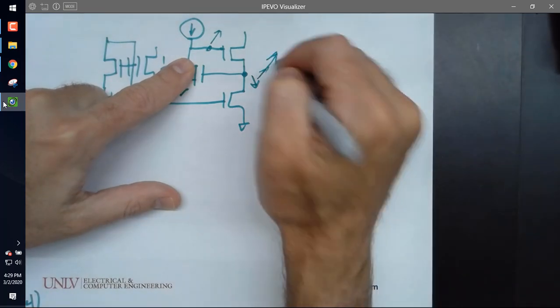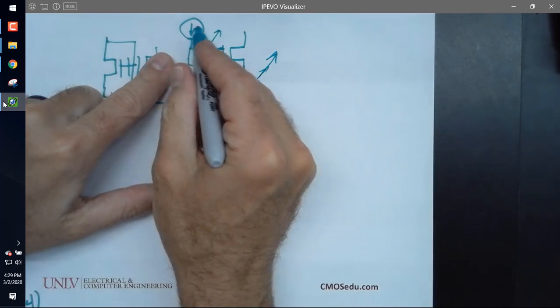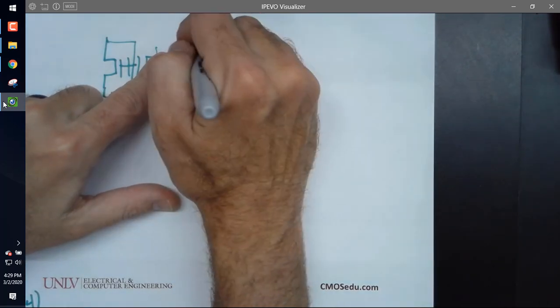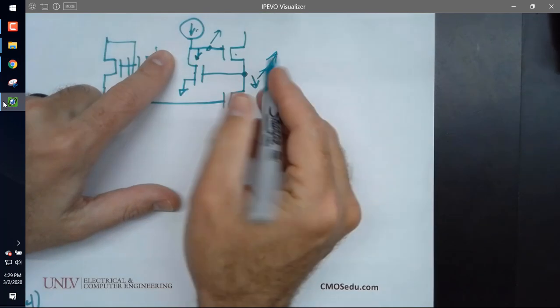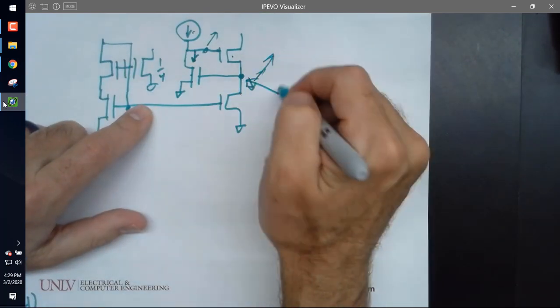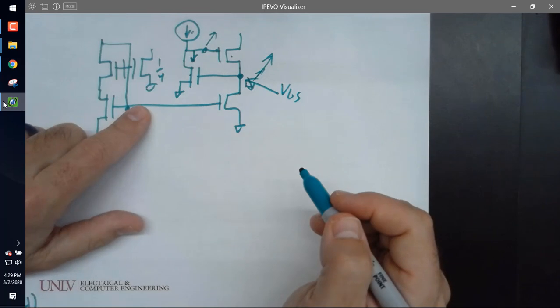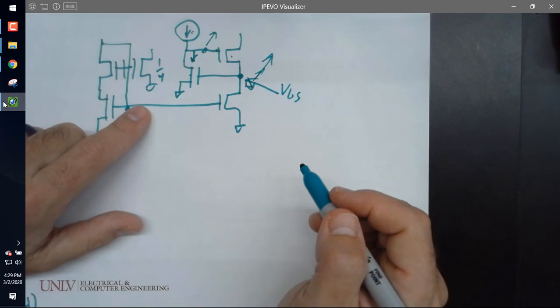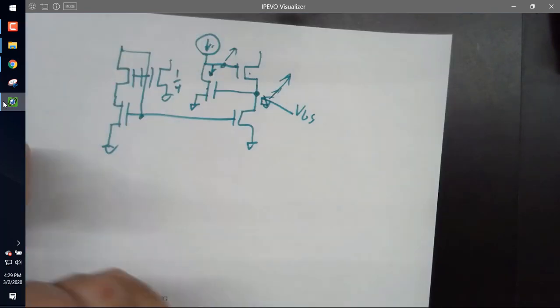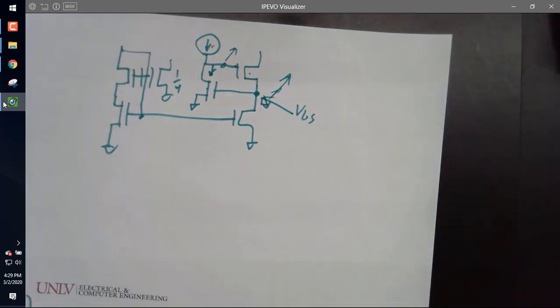Similarly, if this goes up too far, that turns this on more than this can supply, and will drive this node back down, shutting it off, so that this gets regulated at a VGS. Good? All right.